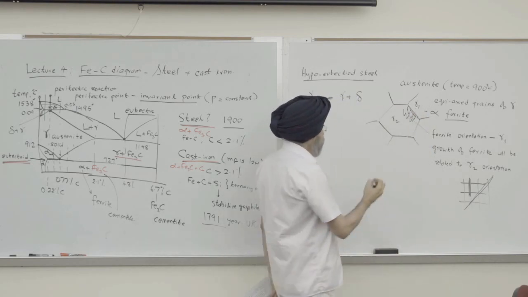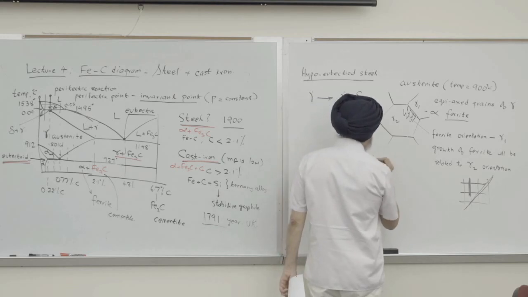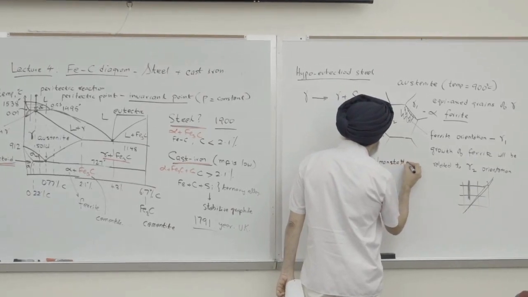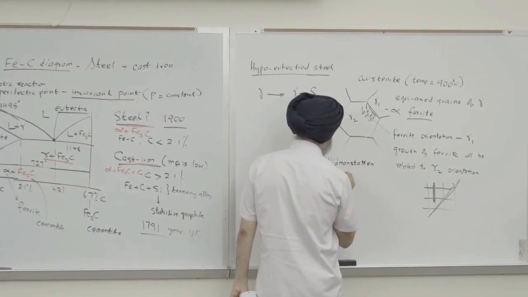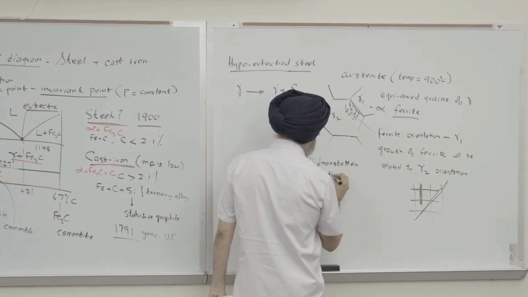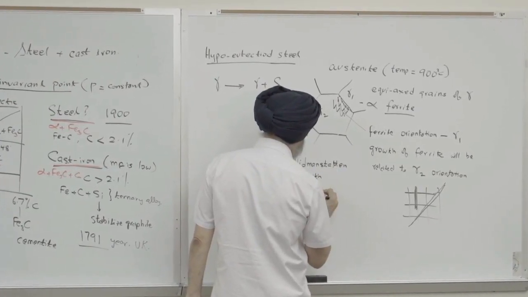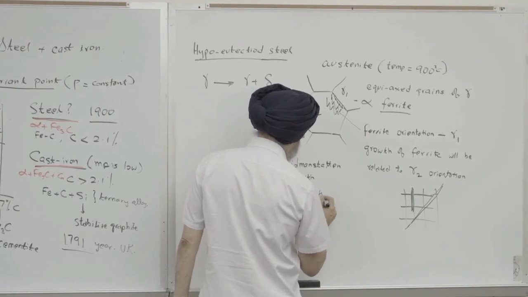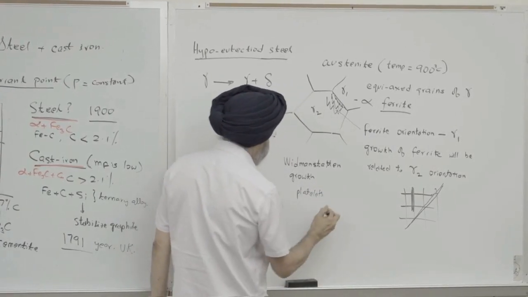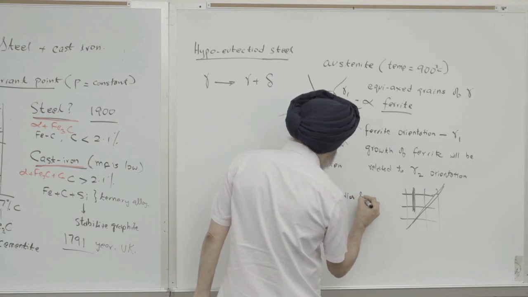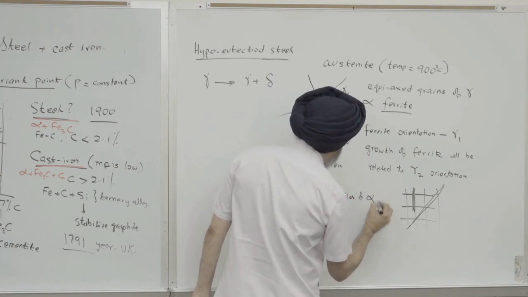So this is also called, it's a big word, Widmanstatten growth. So this could be platelets, or it could be needles of alpha ferrite.